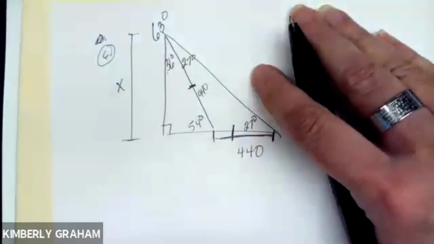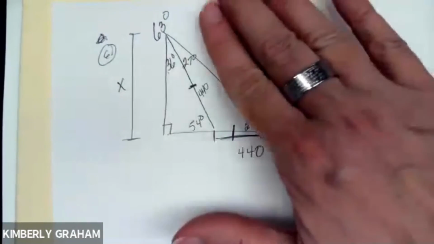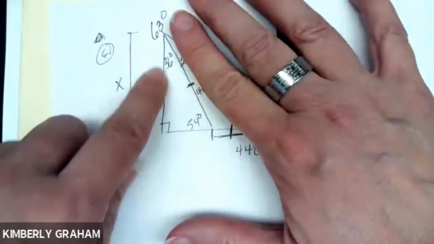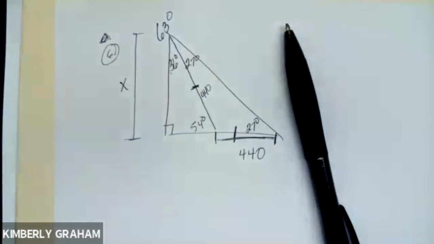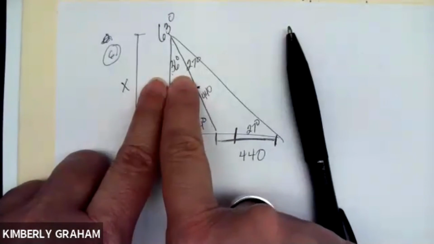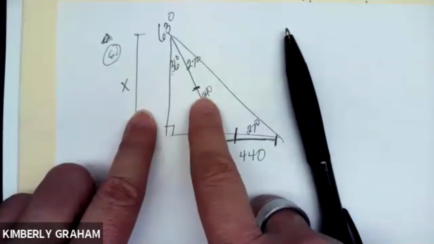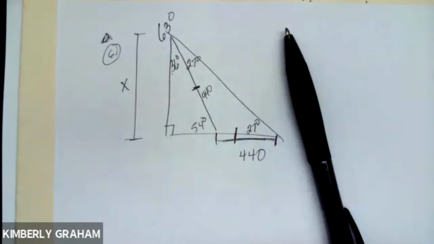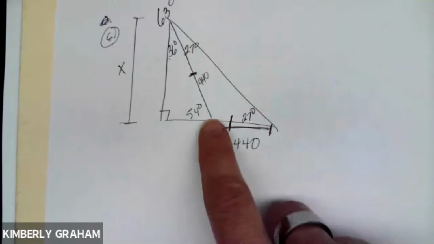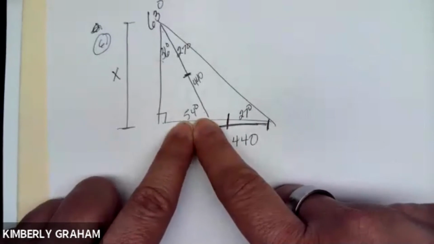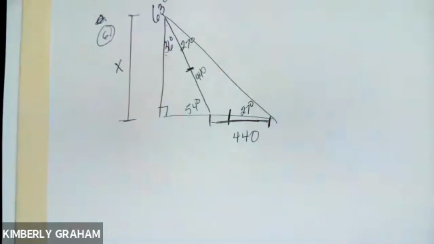So now I know enough information that I can set up a trig ratio in order to figure out this length here. If you do cosine of 36, you have adjacent over hypotenuse, and you're able to solve that for x. Or you could use the sine of 54 is opposite over hypotenuse.